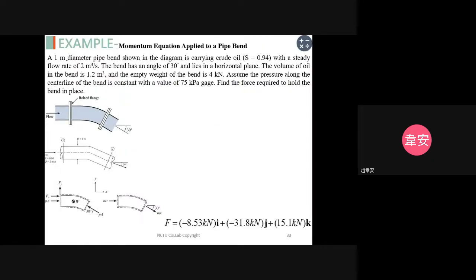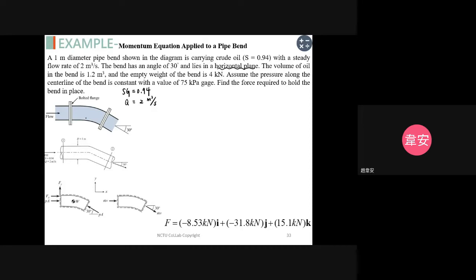So what's the problem? We have a 1 meter diameter pipe bend showing in the diagram carrying crude oil. So we have SG equal to 0.94 with a steady flow rate Q. So we have a discharge equal to 2 cubic meters per second, and the bend has a 30 degree angle and lies in the horizontal plane.